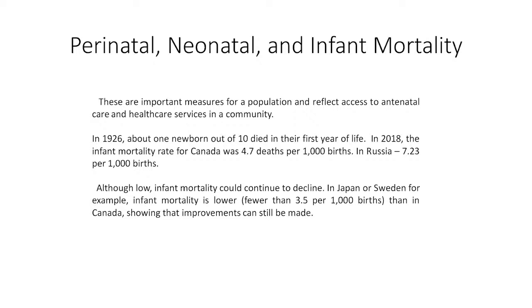So you can see how infant mortality rate changes. Although low, infant mortality could continue to decline. For example, in Japan or Sweden, infant mortality is lower, 3.5 per 1,000 births. Then in Canada and then in Russia, it is lower, showing that improvements can still be made.